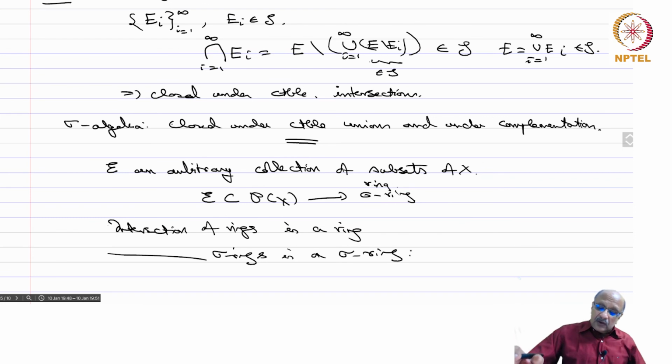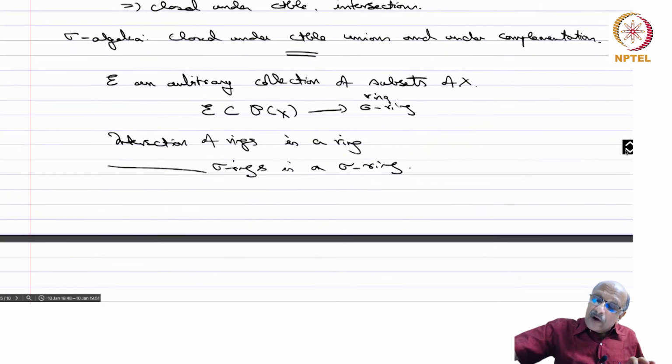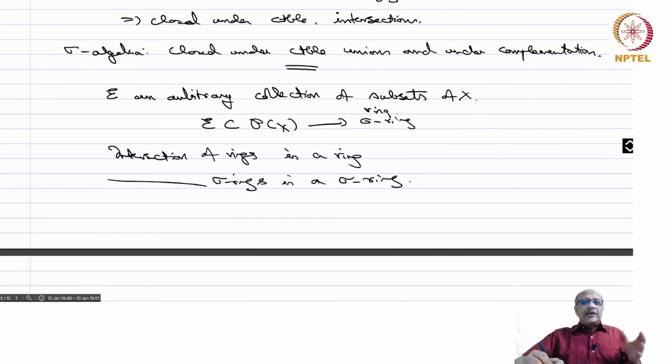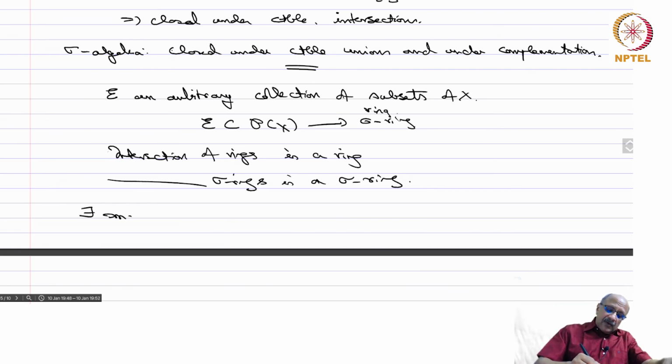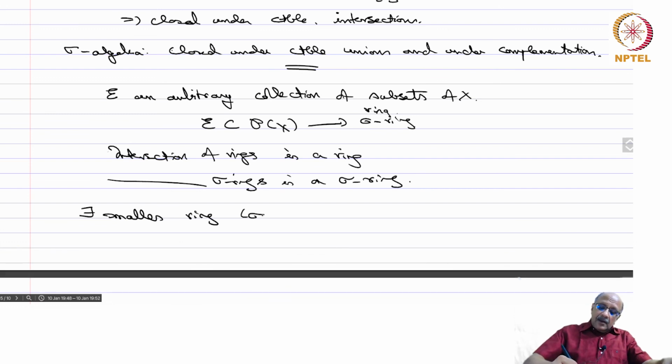So for the intersection of rings or sigma rings, and since the power set is always a ring or a sigma ring which contains E, you can take the intersection of all rings containing E, or the intersection of all sigma rings containing E, and so there exists a smallest ring or sigma ring containing E.